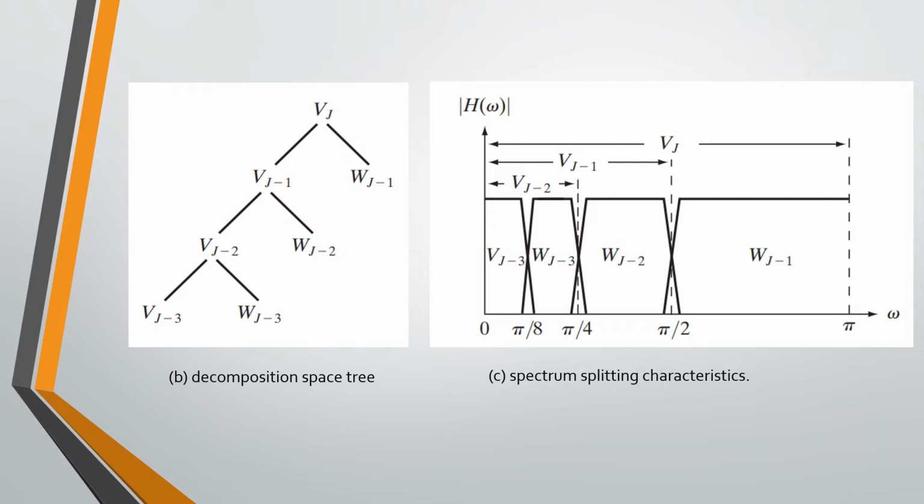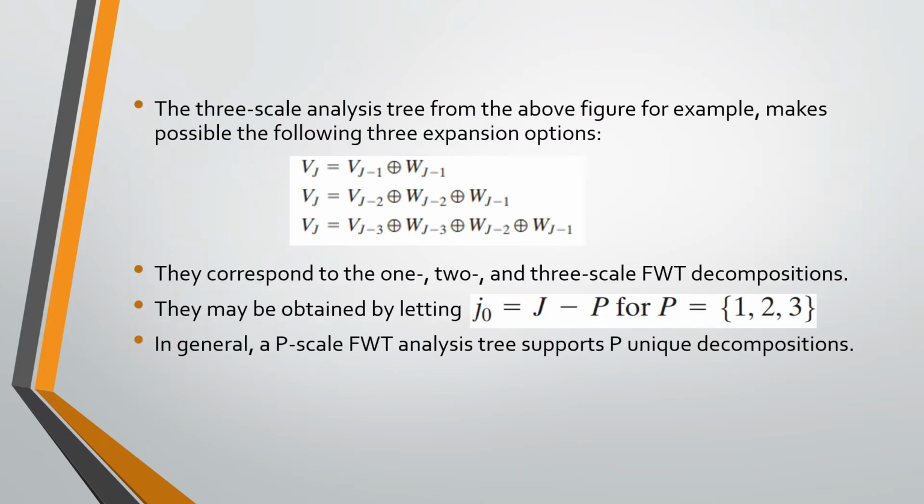And now let us see the spectrum splitting characteristics. In the horizontal axis is angular frequency from 0 to pi, and the vertical axis is the magnitude of amplitude, which gives rise to the spectrum splitting characteristics.